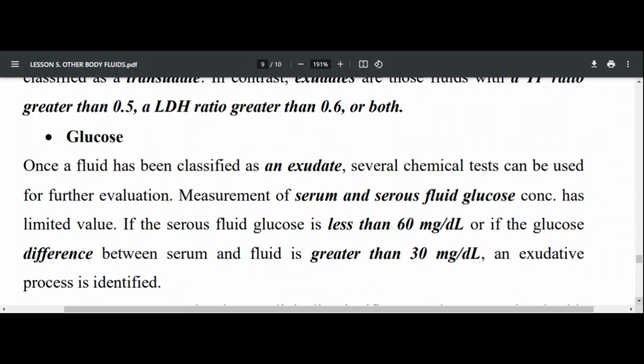For example, you remember that in exudates, glucose is always low, but in transudate, glucose is almost the same value as that of plasma.